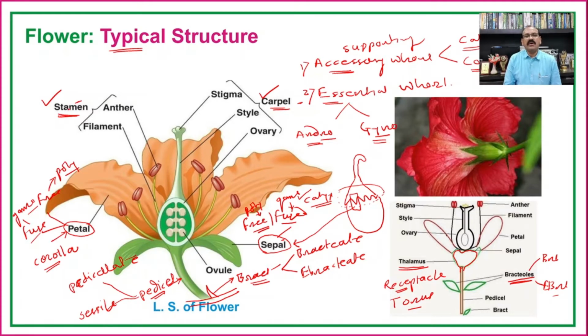Even the stamens which are present in the flower may be fused with the members of the same whorl or even the other whorl, as well as the gynoecium or the carpels which are present in the flower also may be free or fused. So free stamens, that is known as polyandrous condition, and the fused stamen is known as synandrous condition, or even the syngenesious type of condition that we will see in the topic of the androecium again.